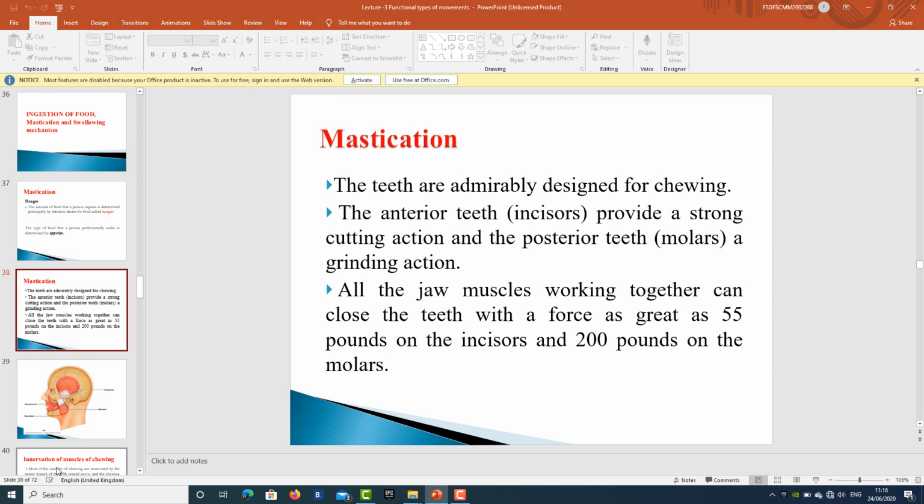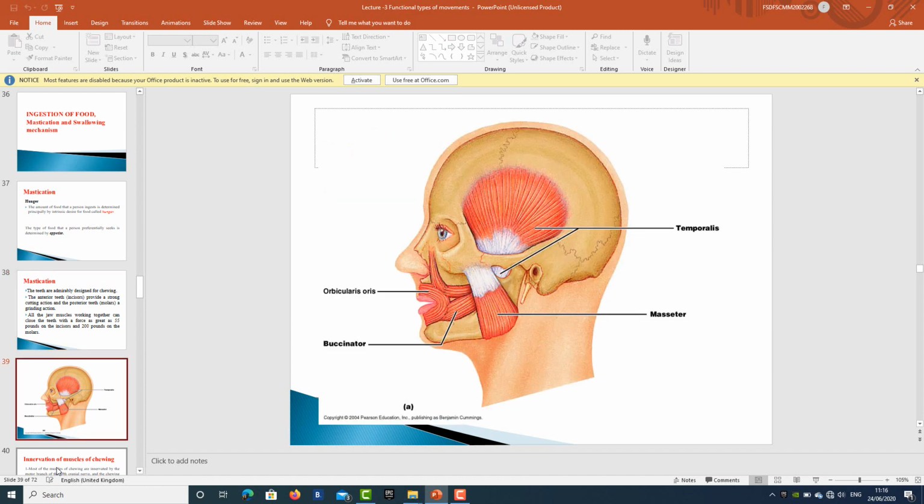All the jaw muscles work together so that they can close the teeth with a force as great as 55 pounds on the incisors and 200 pounds on the molars. Look at the power with which they have the ability to grind the food, to cut the food. See the muscles.